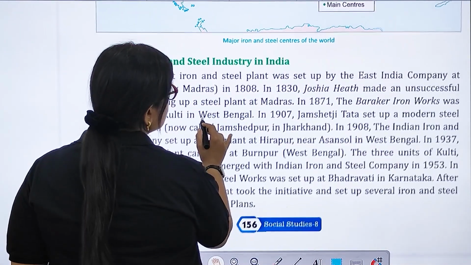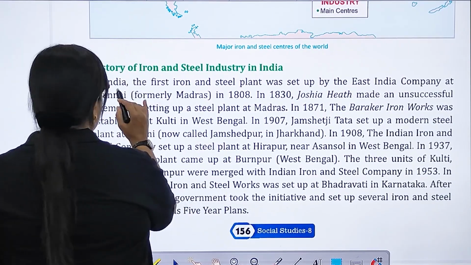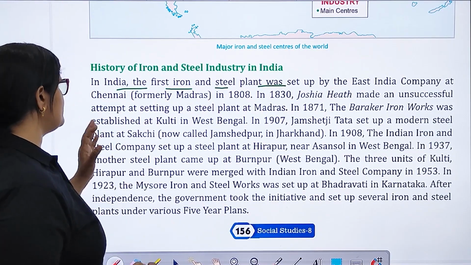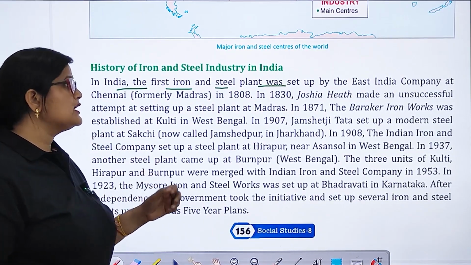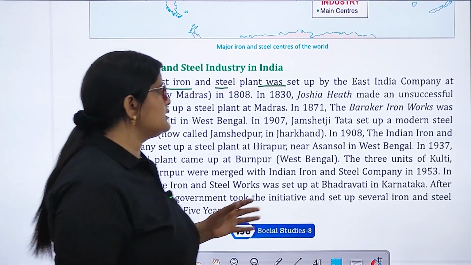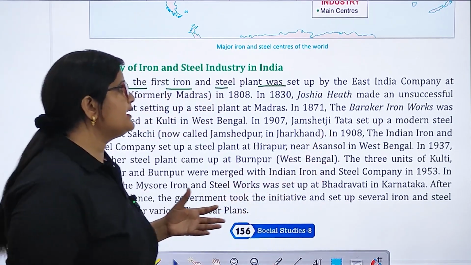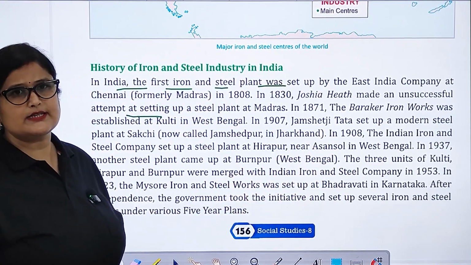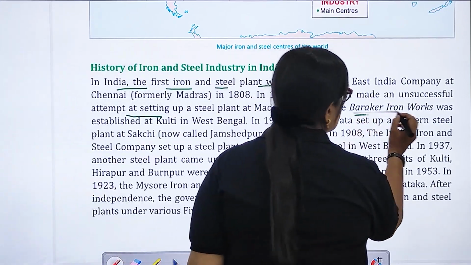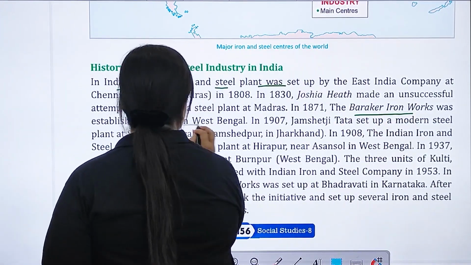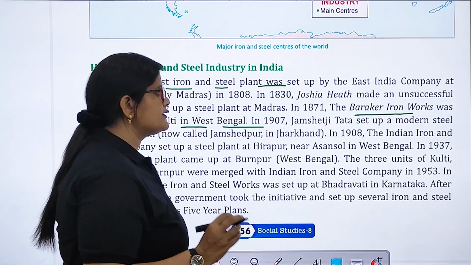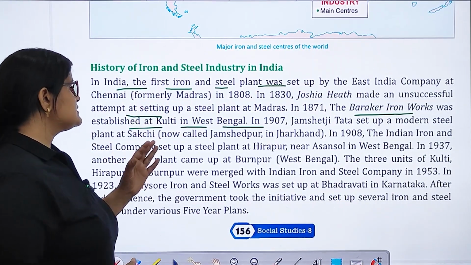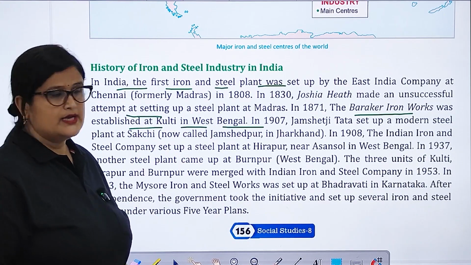History of the iron and steel industry in India. In India, the first iron and steel plant was set up by the East India Company at Chennai, formerly Madras, in 1808. In 1830, Josiah Heath made an unsuccessful attempt at setting up a steel plant at Madras. In 1870, the Barakar Iron Works was established at Kulti in West Bengal. In 1907, Jamshedji Tata set up a modern steel plant at Sakchi, now called Jamshedpur in Jharkhand.